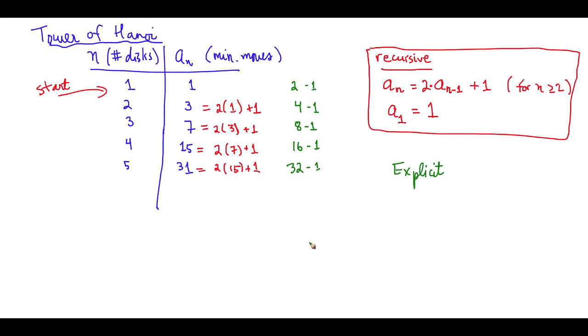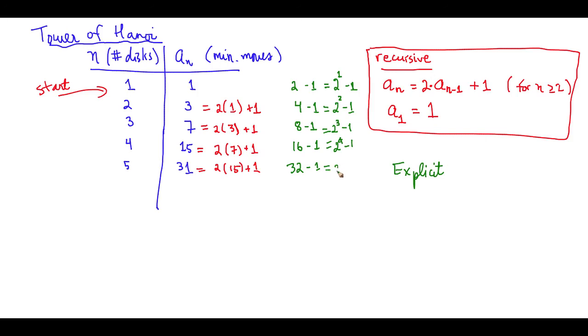So if we try to find some sort of pattern here, we can express this in terms of powers of 2. So this is really 2 to the first minus 1. This is 2 to the second minus 1. This is really 2 to the third minus 1. 16 is 2 to the 4th minus 1.